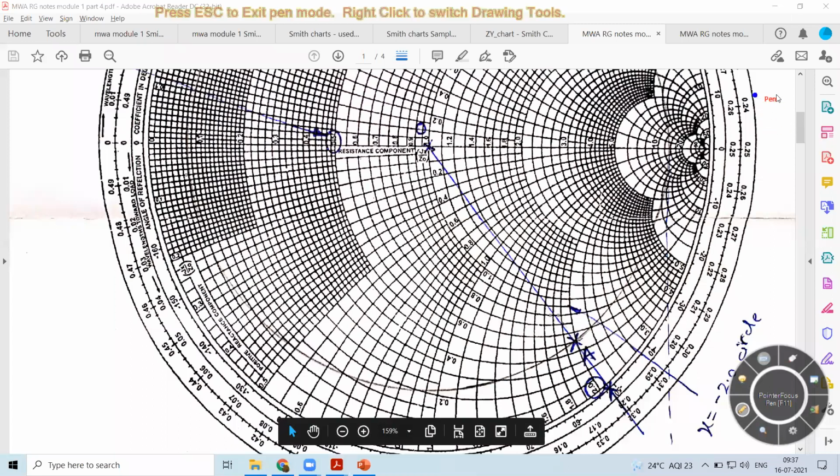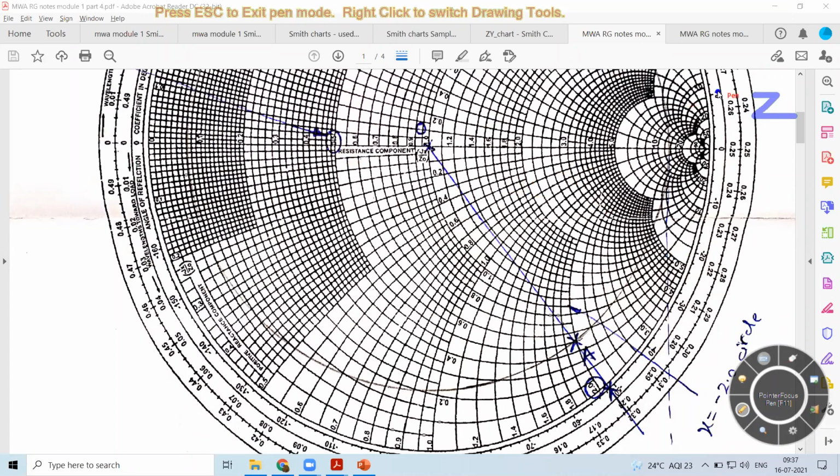So this is the Smith chart, which is used as the admittance chart. We'll be using this only for all the problems. We'll not be going for that double chart, the ZY chart. But in externals, if you get that, you should be able to identify how you go ahead with the plotting. So this is the chart we'll be using.